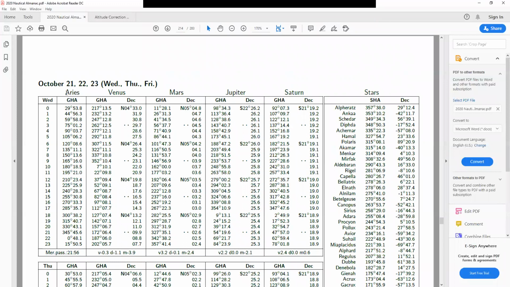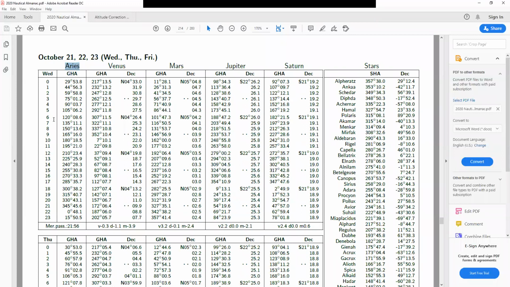We are looking for Aries, which is the datum basically for our star, for most of our star sites. We're looking at 2100 and 2200. So first at 2100, we have a tabulated GHA for Aries, 2100 at 345 degrees, 45.6 minutes.